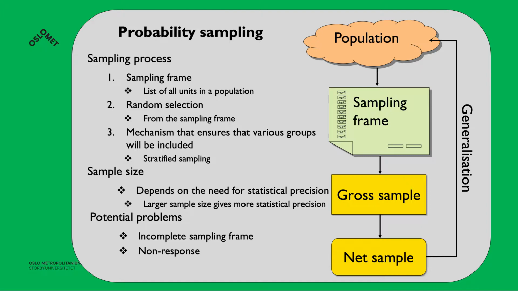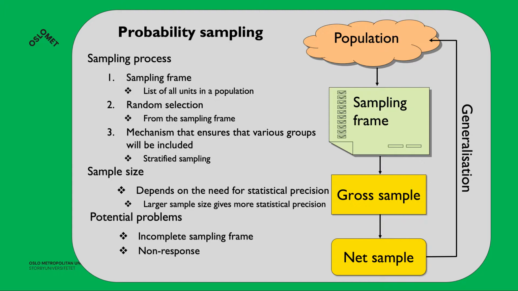So that will be a non-response, and some people will choose not to respond. So you will lose quite a lot of your units going from the gross sample to the net sample, and hopefully your net sample will still be representative for the population. So you can do this generalization.